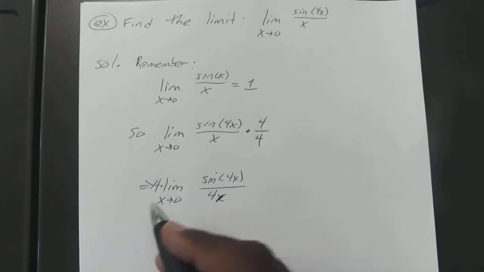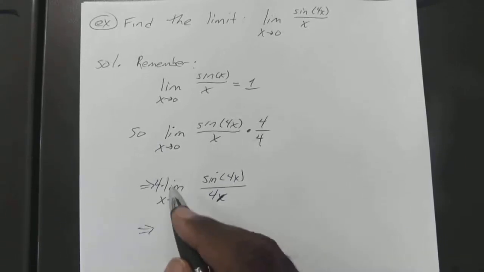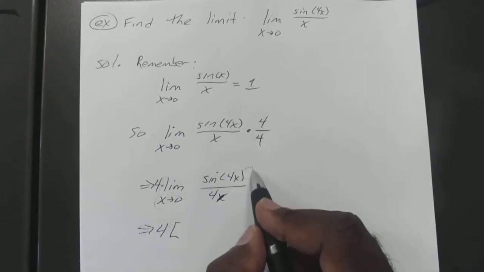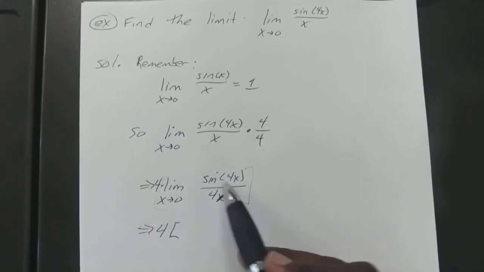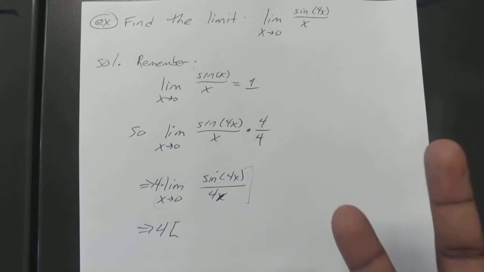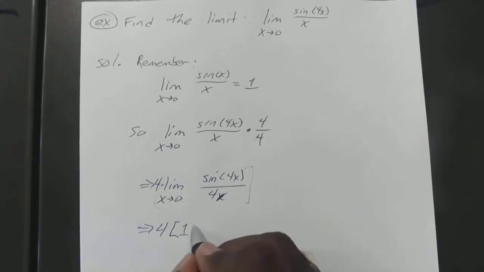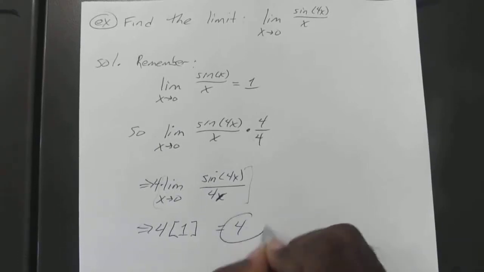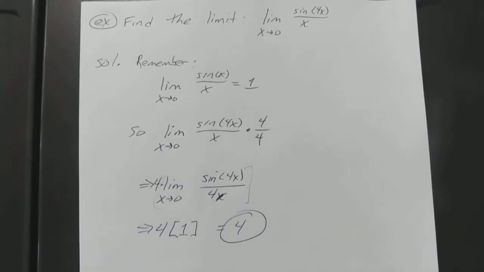So really, we just have 4 times this entire limit here. As long as these two match, this limit will just equal 1, which is just 4. Any questions on that one?